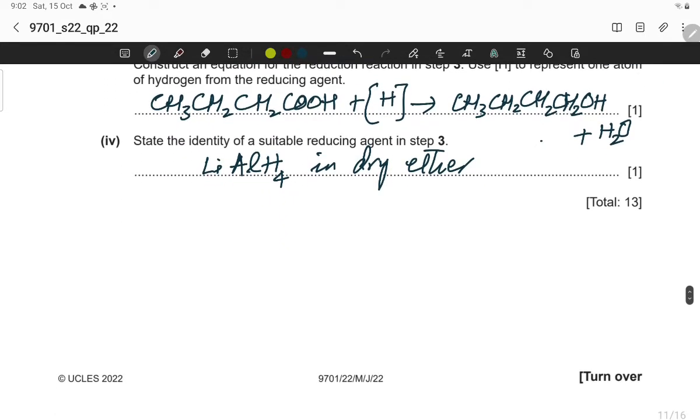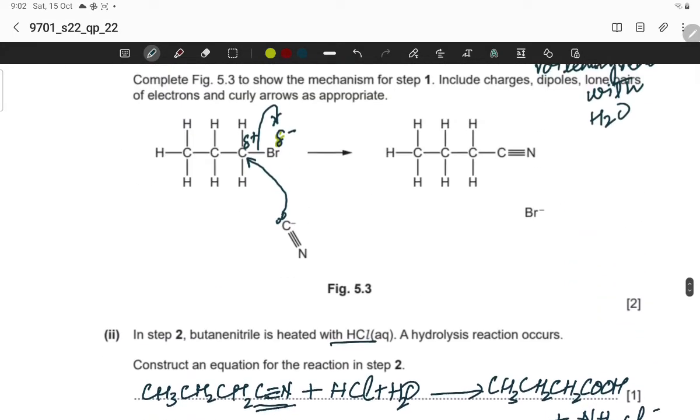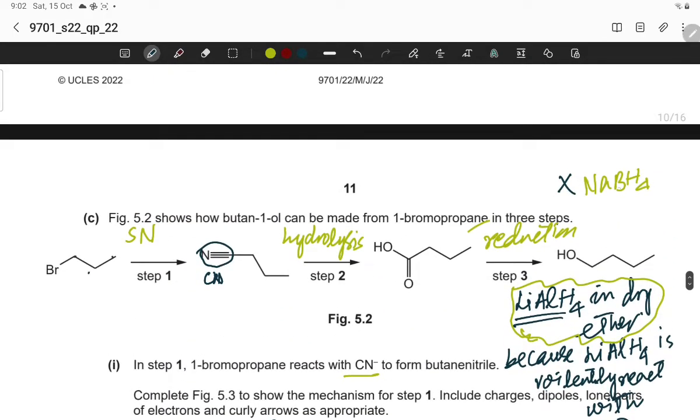And please, this is very important to learn that NaBH4 is used to reduce ketone and aldehyde, but not to reduce carboxylic acid to alcohol.